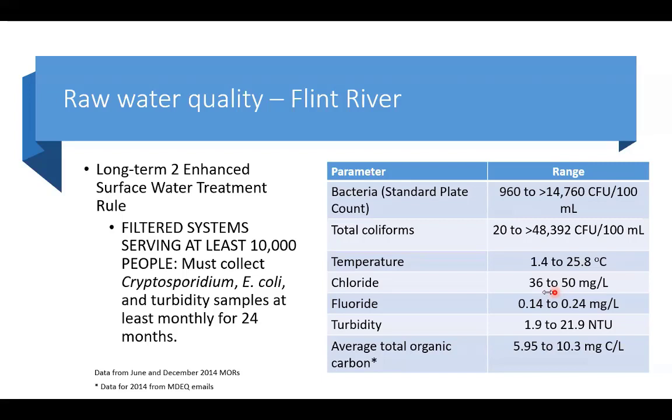Fluoride was typically within acceptable limits. Turbidity also highly variable, from about 2 to 22. Again, those high levels related to storm events, and the organic carbon from about 6 to 10 milligrams of carbon per liter. And this is an indication of potential problems with meeting those trihalomethane and haloacetic acid regulations.